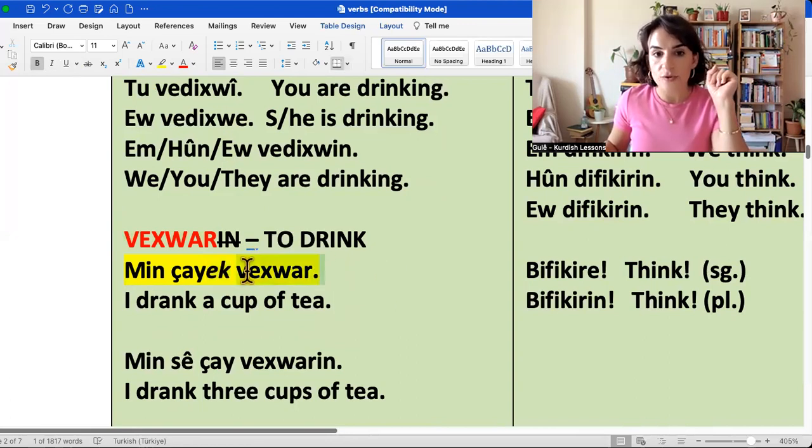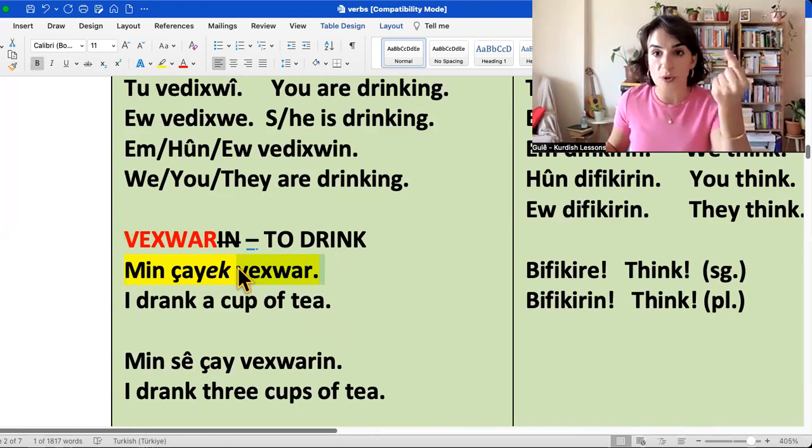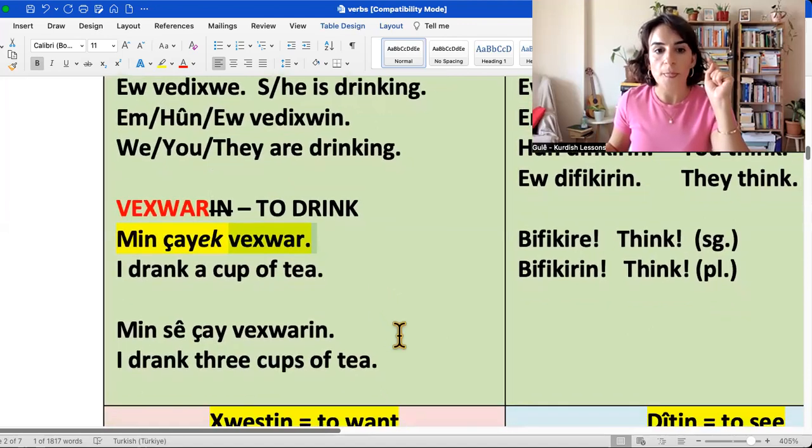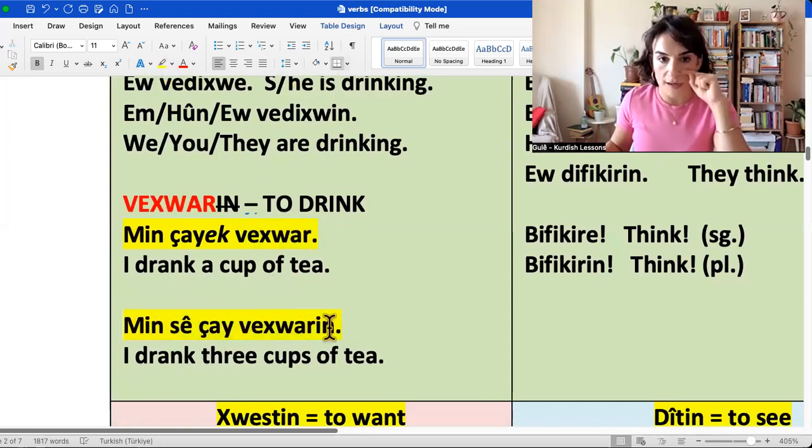In this case, you don't need to add anything to your verb. So if you have a third person singular object, like chayek, a tea, you don't need to add anything. And here is another example: Min sê chai vahwarin.